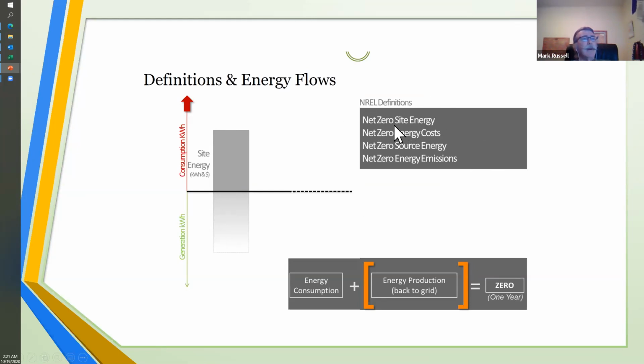Okay, there's net zero for the site energy, and so much energy is used on the actual site. One of the things to recognize, though, is that the energy that you use in your buildings is usually generated at a power plant, which can be numerous miles away from that particular building.